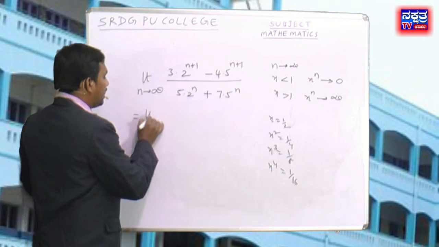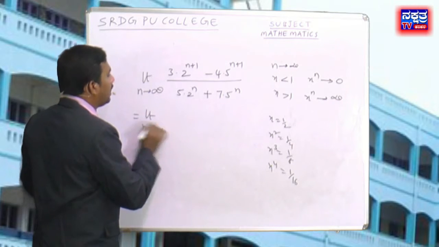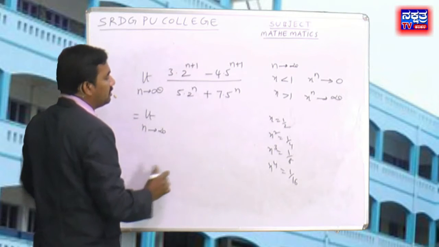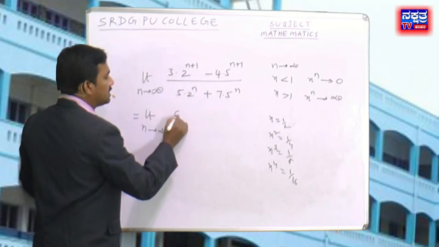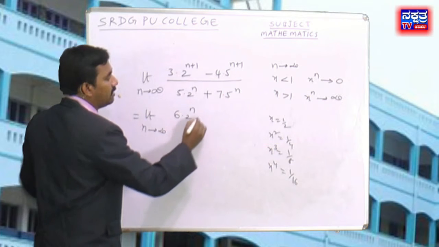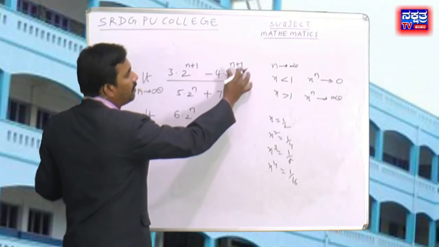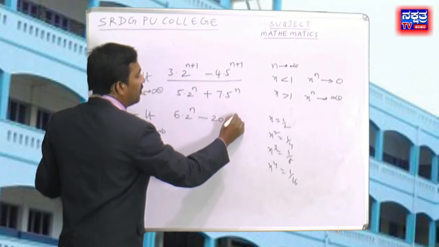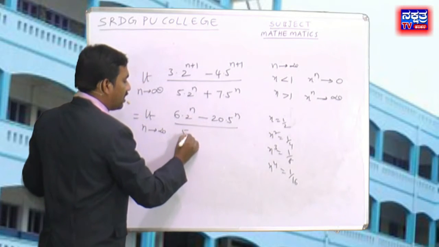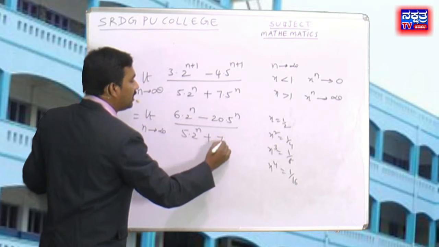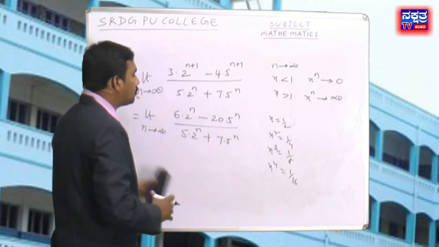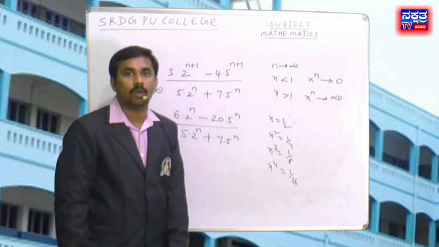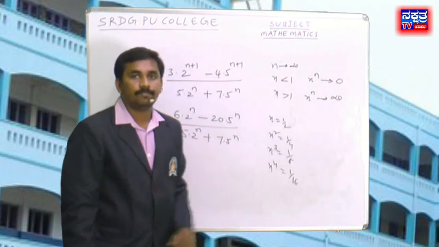So we can write limit n tends to infinity, here 3 into 2^n into 2^1, that is 3 into 2, 6, 6 into 2^n minus 4 into 5^1, that is 4 into 5, 20 into 5^n, by 5 into 2^n plus 7 into 5^n. We have to make one term out of these where x less than 1, x^n tends to 0.